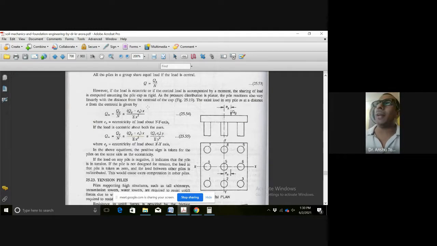So here also you can see we have got axial load plus the loads due to moment coming out of the eccentricity of the different pile reactions.